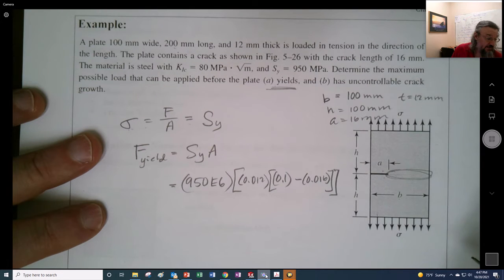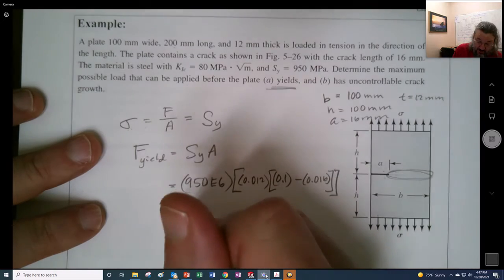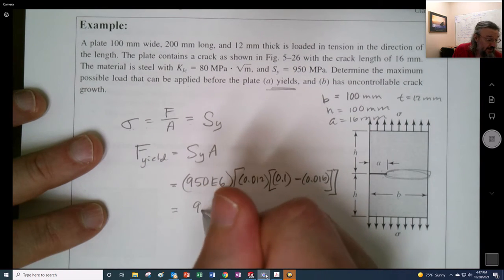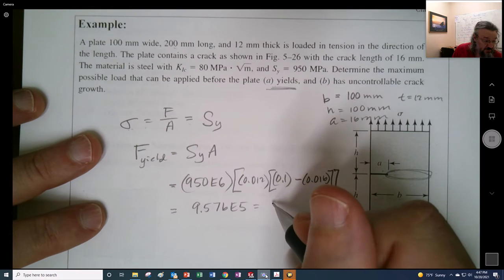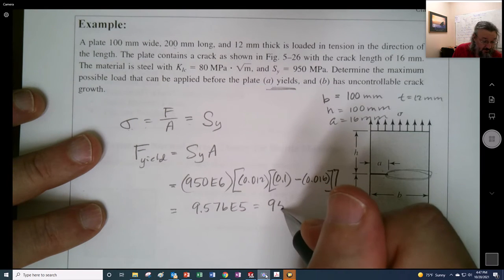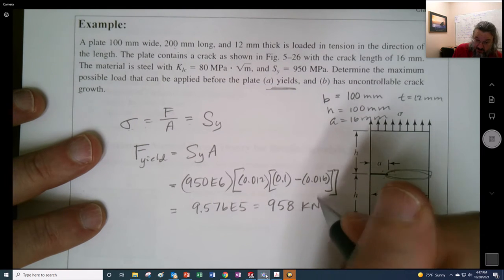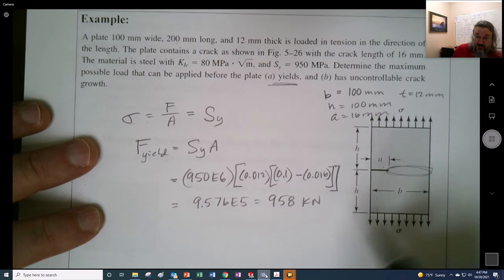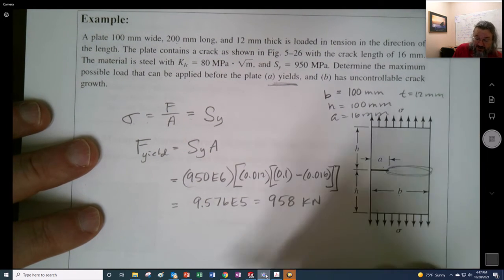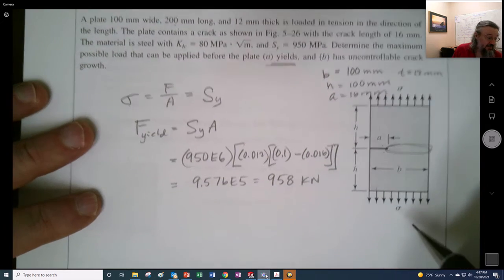I think I got that right. And so what we end up finding is 9.576 e to the 5, which is another way of saying 958 kilonewtons is when this thing would yield. So that's the force that would be required on the end to make this thing yield.